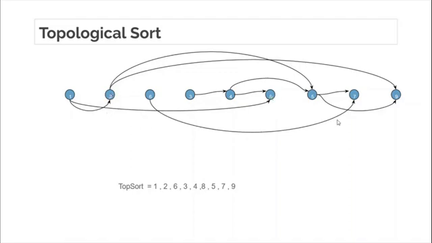This is also a valid way to check the validity of the topological sorting. If the topological sorting is valid, then all of the edges will appear from left to right.